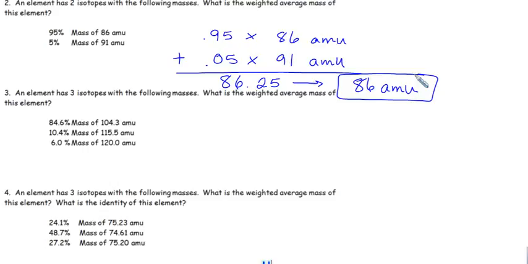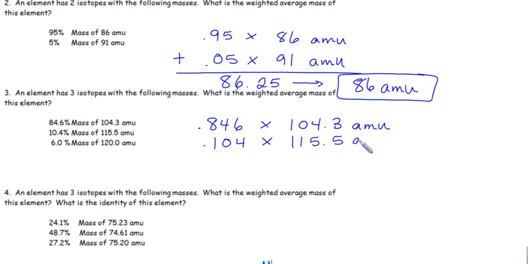Alright, so let's check these over. Let's see if you got them right. I have 3 isotopes. I'm going to move the decimal spot 2 places and use these as decimals. 0.846 times 104.3 atomic mass units. 0.104 times 115.5 AMU.